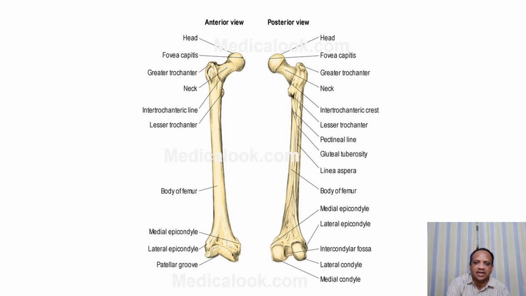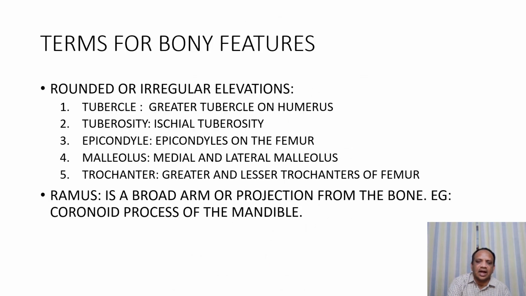So rounded or irregular elevations may be a tubercle or tuberosity, depending on the size and shape. Epicondyle, condyle, malleolus, trochanter, these are all rounded or irregular elevations. Ramus is a broad arm or projection from the bone.